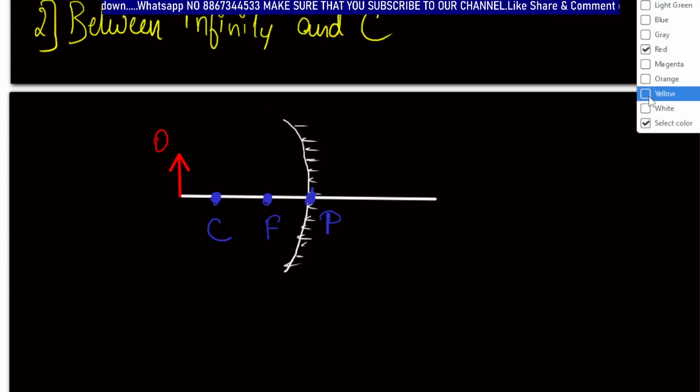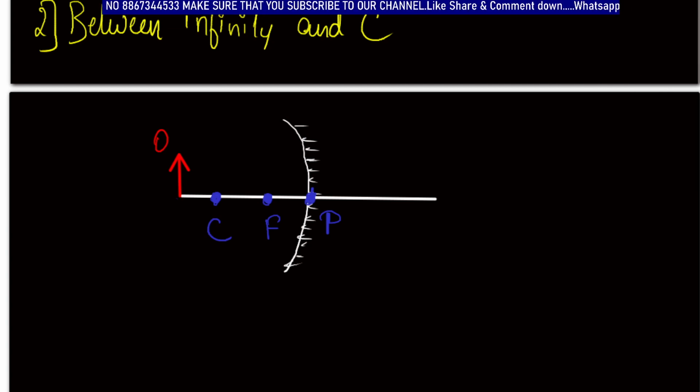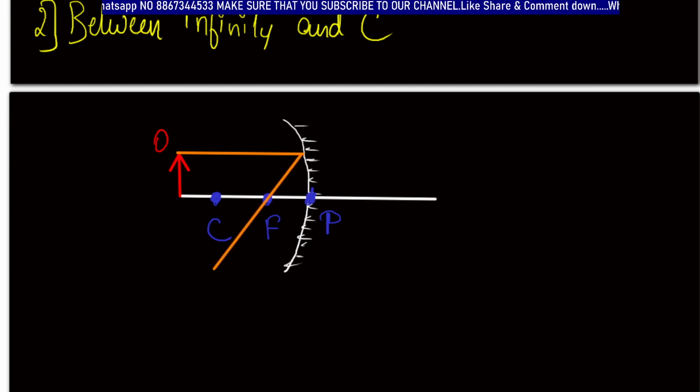Now consider the rays. The first ray will be passing parallel to the principal axis, right? Now where does this ray pass from? It passes from the focus. Now the second ray passes from the center of curvature, which means it passes back in the same direction.